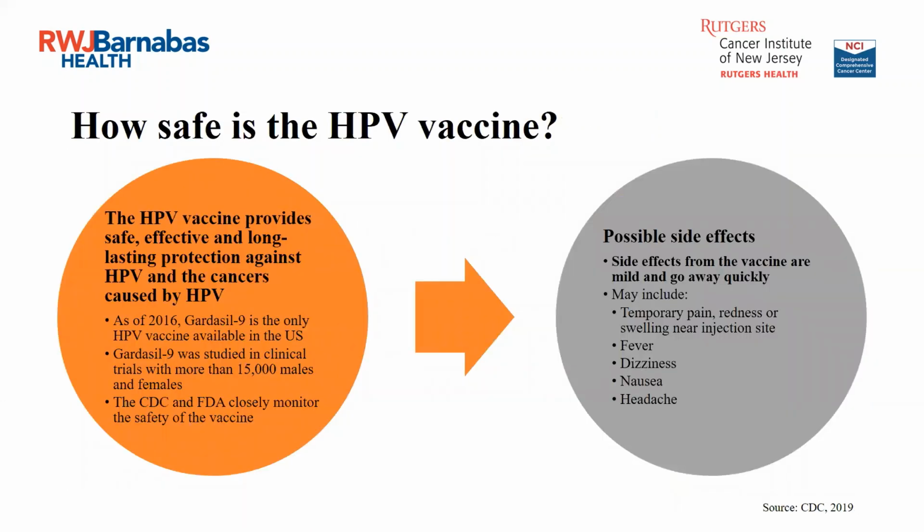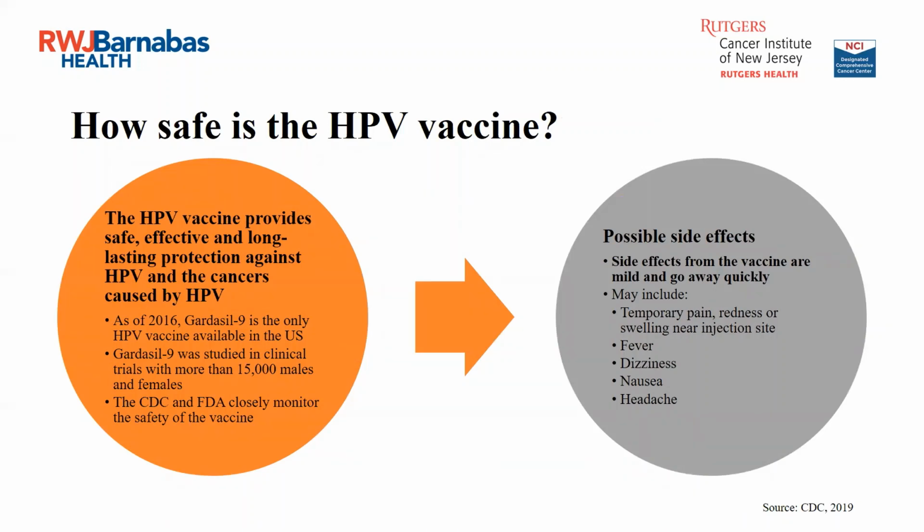So many people often ask, how safe is the HPV vaccine? The HPV vaccine is very safe, and it provides effective and long-lasting protection against HPV and its associated cancers. It's monitored for safety by the CDC and the FDA.